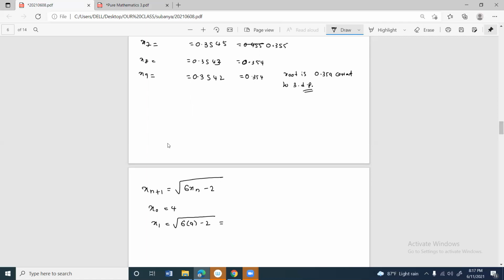So you can say the square root of 6 times 4 minus 2. That value is 4.6904, so correct to 3 decimal places the answer is 4.690.